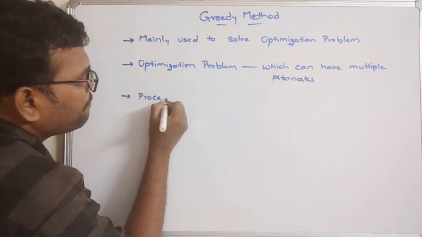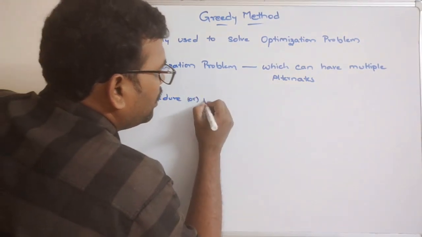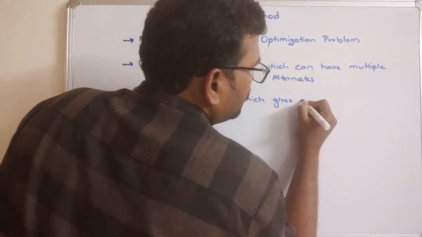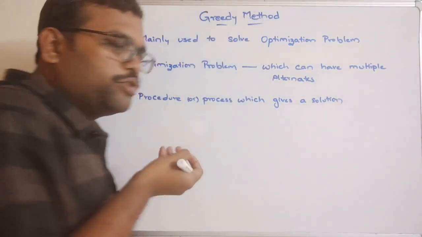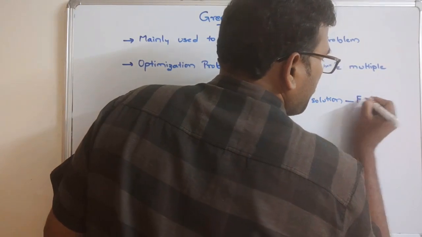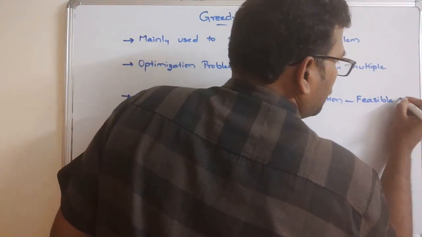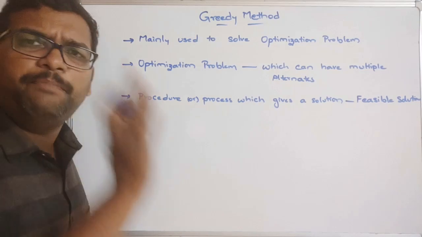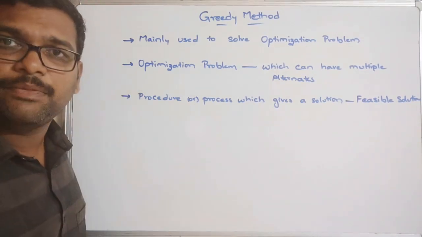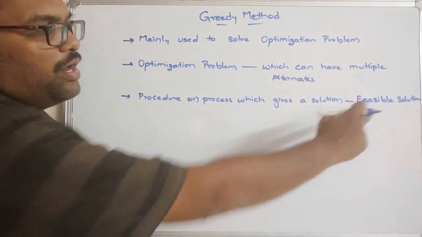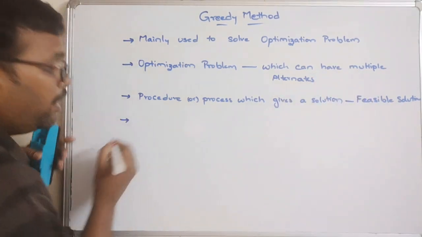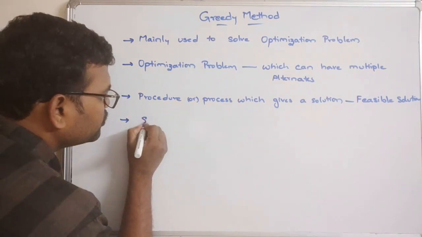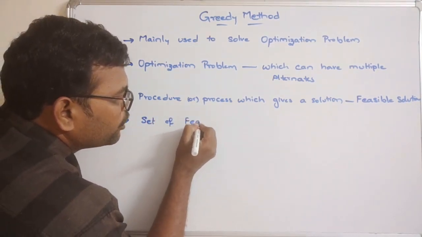The procedure or process which gives a solution is known as a feasible solution. A normal solution, whether it may be best or worst, minimal or maximum, whatever it may be, the solution for a problem is called a feasible solution. And the collection of all these feasible solutions will be in a subset. So there will be a set of feasible solutions.